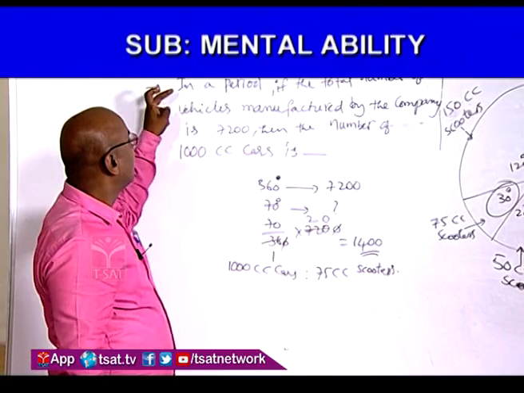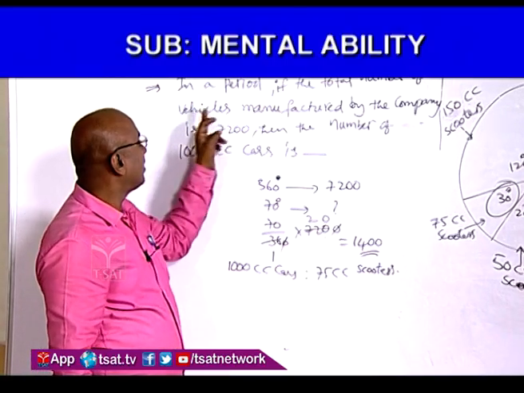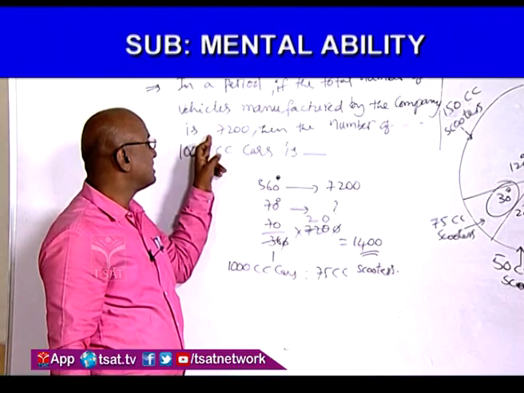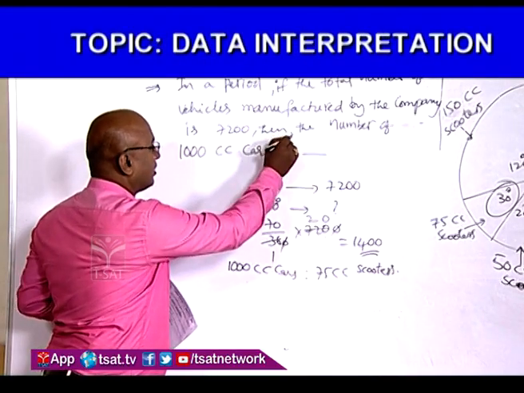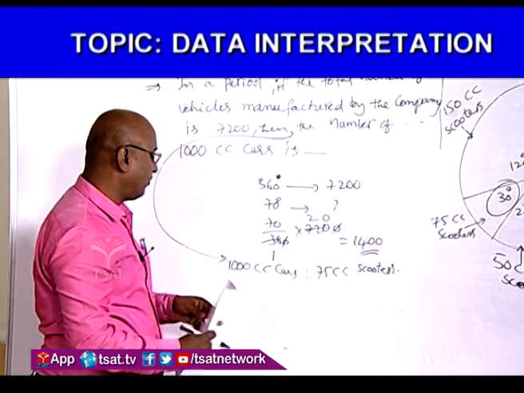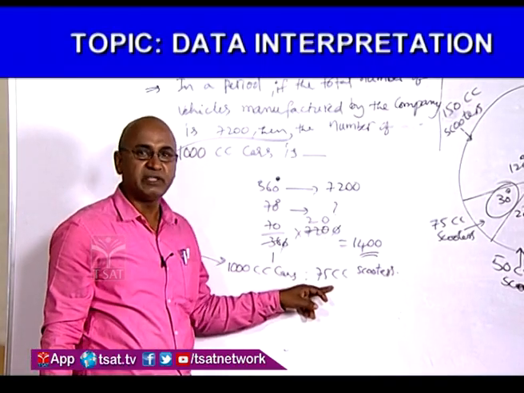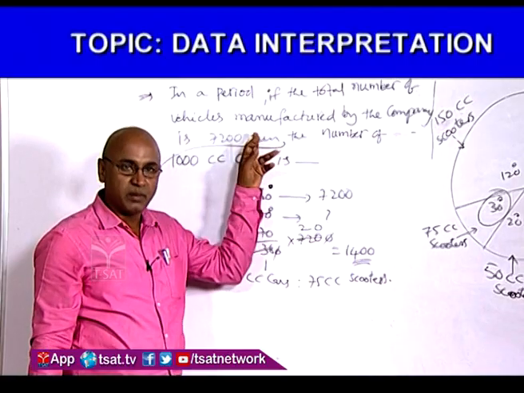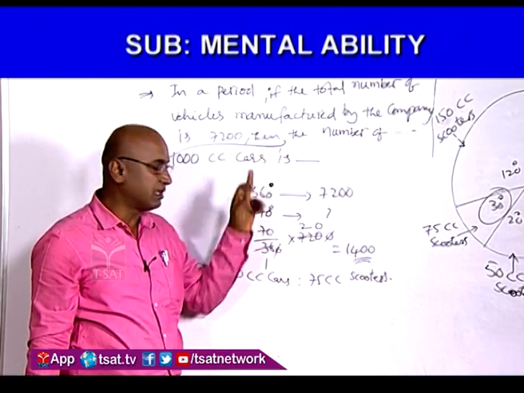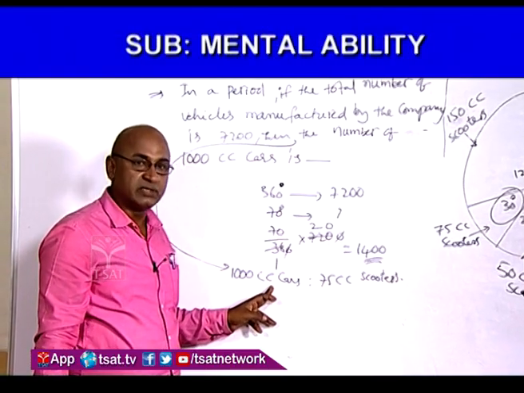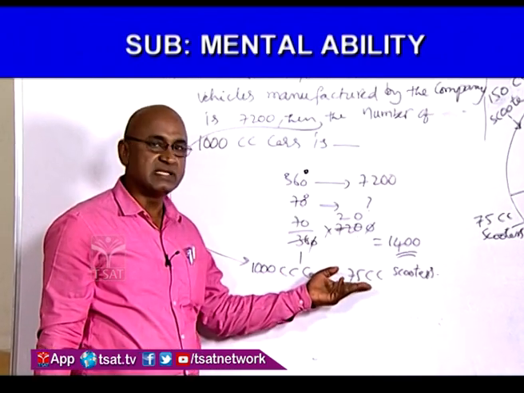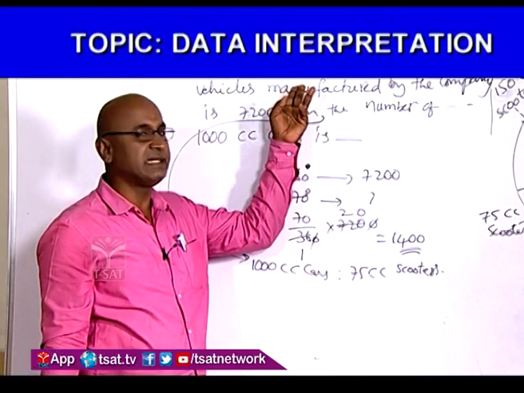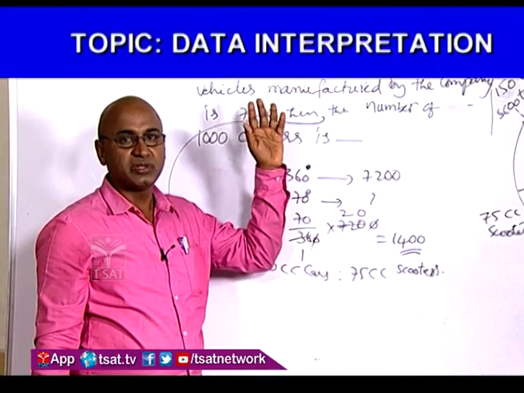In a period, if the total number of vehicles manufactured by the company is 7200, then what is the ratio of 1000cc cars to 75cc scooters? If the problem is given like this, there is no need to find the production of 1000cc cars as well as the 75cc scooters. It is unnecessary data. So we should not confuse.